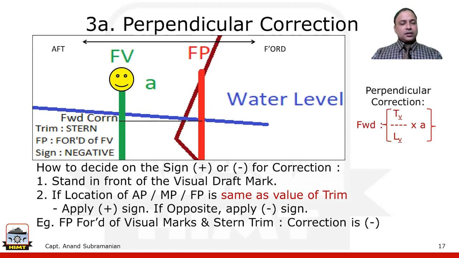So you can see both are opposite: the trim is towards the stern, and the forward perpendicular is forward. As the names are opposite, we apply the minus sign. Because the names are opposite, the correction is negative. This is how we apply the sign for the perpendicular correction.